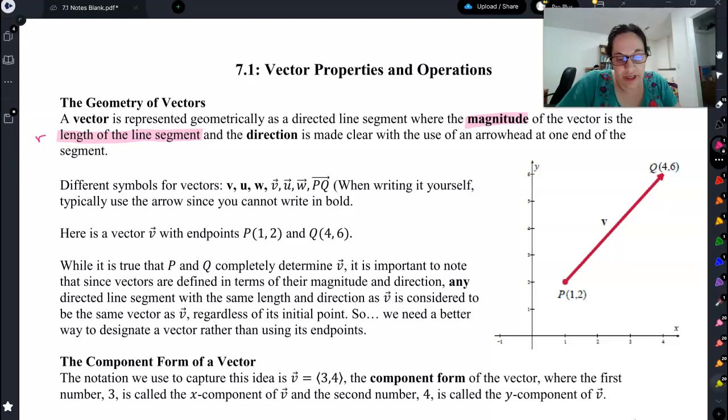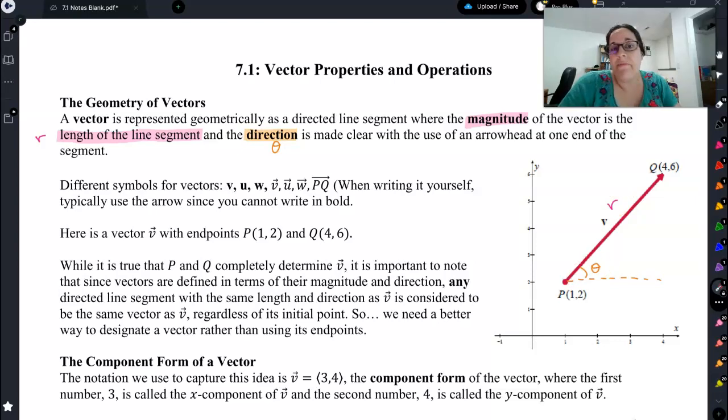The direction of the vector is made clear with the arrow, and essentially that is your theta. You can draw a line here, and there's your direction, your theta. So a vector has both magnitude r and direction theta.